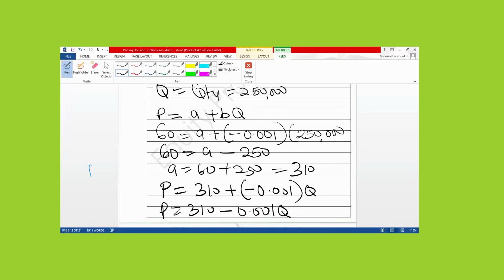That 60 naira is not the price that will maximize profits. Price is a function of autonomous price minus the gradient multiplied by the quantity.